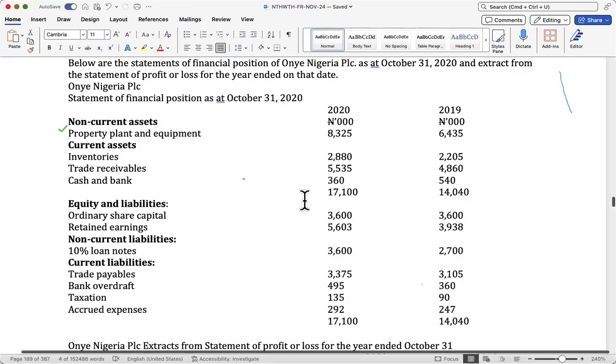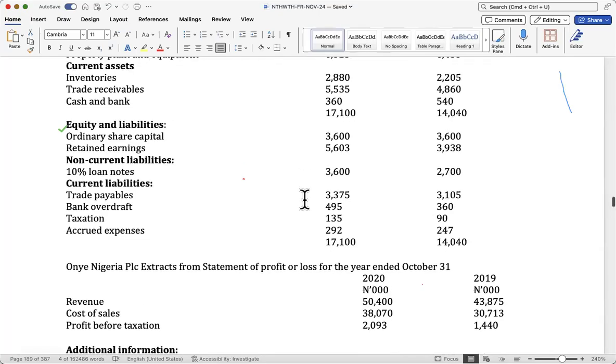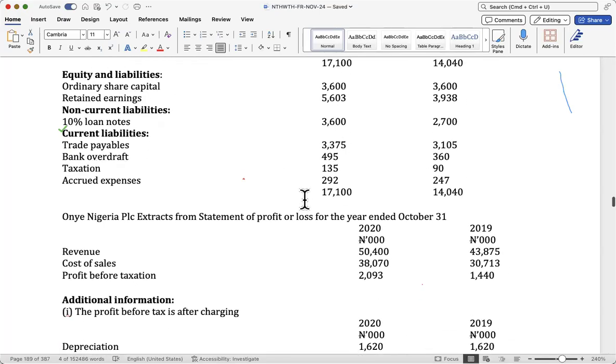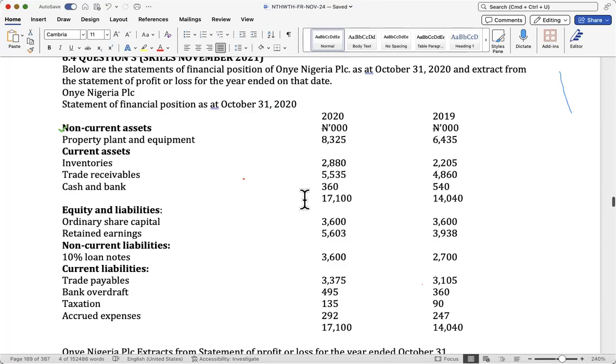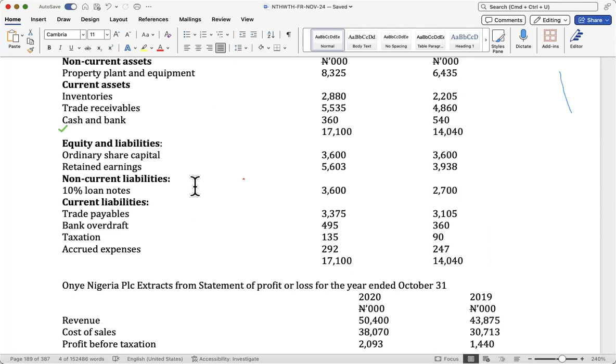Since the examiner said use capital employed as equity and loan notes, in 2019 for 1 year, I will get what my equity is. My equity is 36 plus 3938. So how much is that? Can you add that?